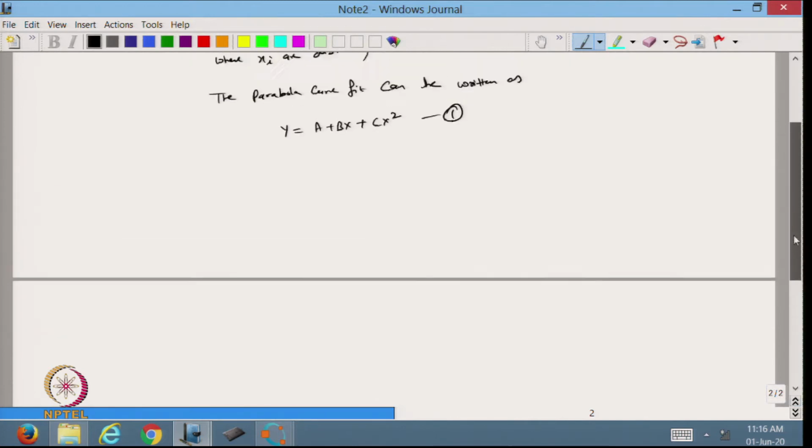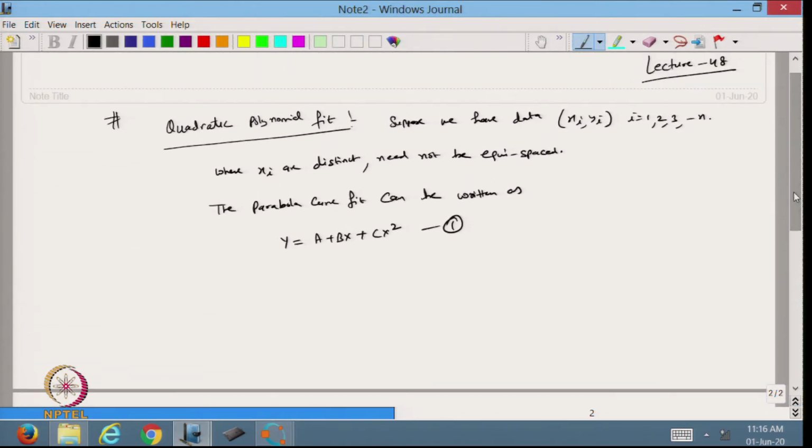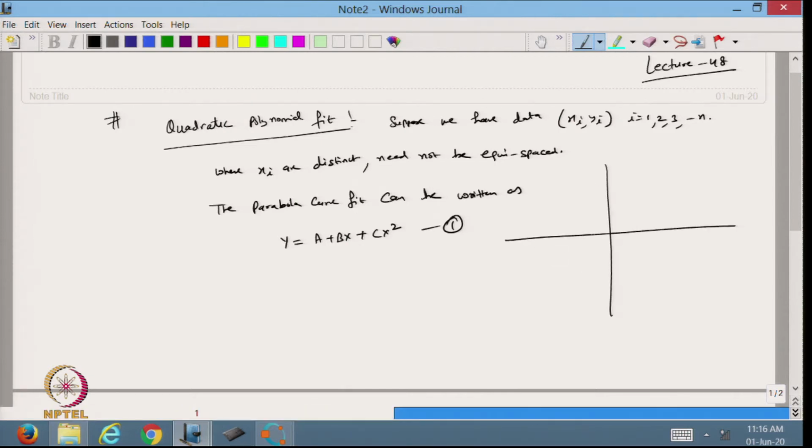Now I can go with the same method. Suppose I have this parabola, a quadratic function, and my data points are given in this way.